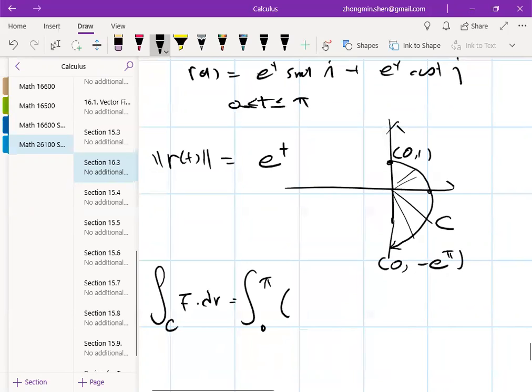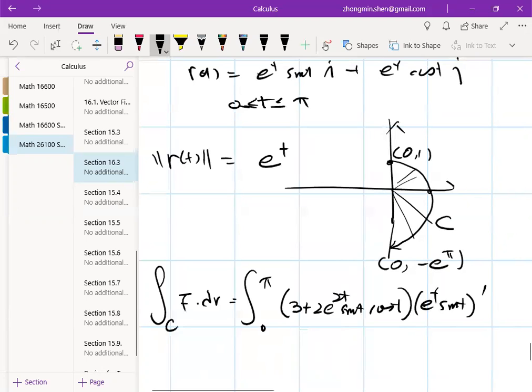So our F is going to be 3 plus 2xy, where x times y will be e to the t sine t cosine t, then the derivative of x, (e to the t sine t) prime.